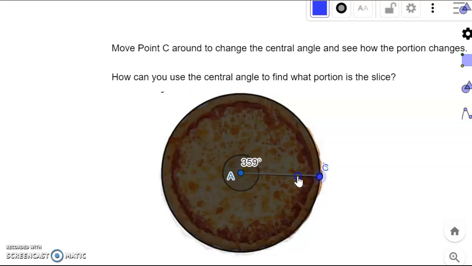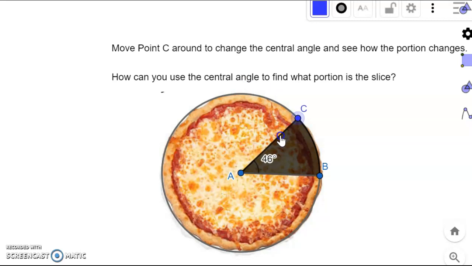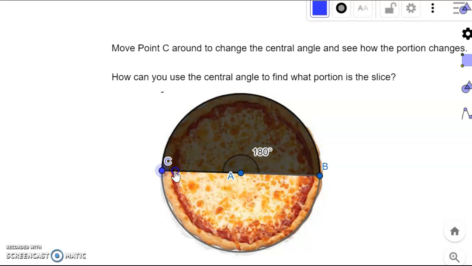So you can divide the 360 into 4 parts by putting in 90 degrees, or into 8 slices. If I divide 360 by 8, that would be 45 degrees each. Or if I divide the pizza into 3 equal parts, then it would be 120 degrees. Or 2 halves, maybe half pepperoni, half cheese, that will be 180 degrees, and so on.